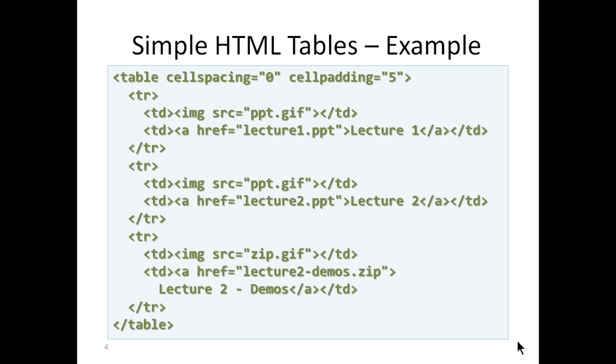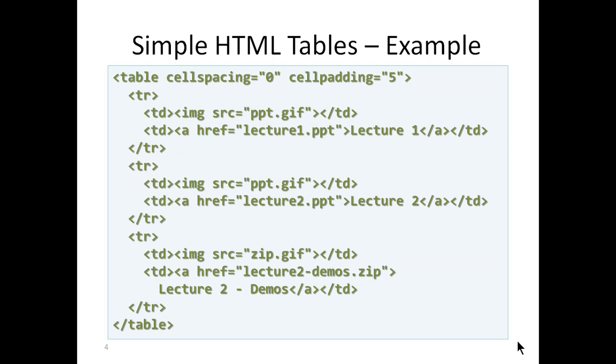Then we are making a third row also. tr tag opening, td image src is equal to zip.gif slash td, a tag href lecture2-demos.zip, lecture2 demos, slash a tag and slash td.